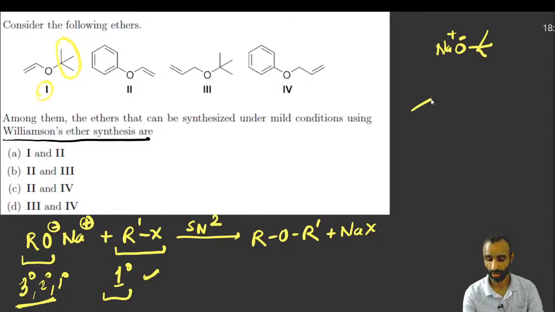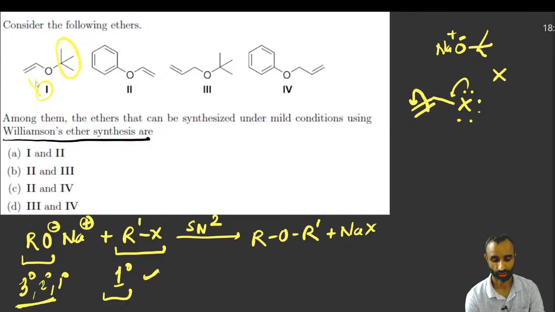So the other part becomes this one and here should be some halogen, but the reaction cannot take place because there is double bond character. That means the first cannot undergo Williamson ether synthesis.